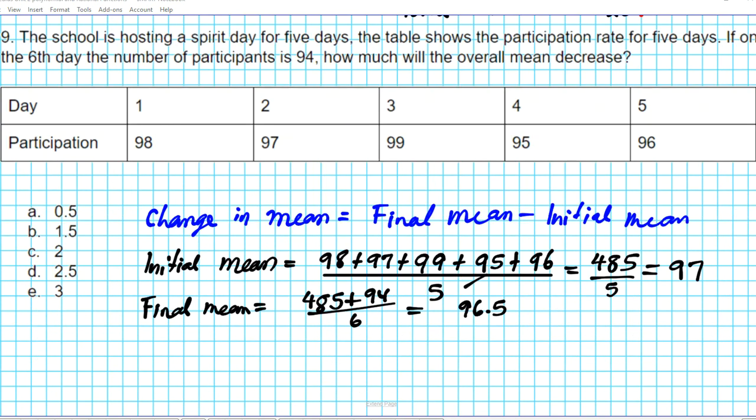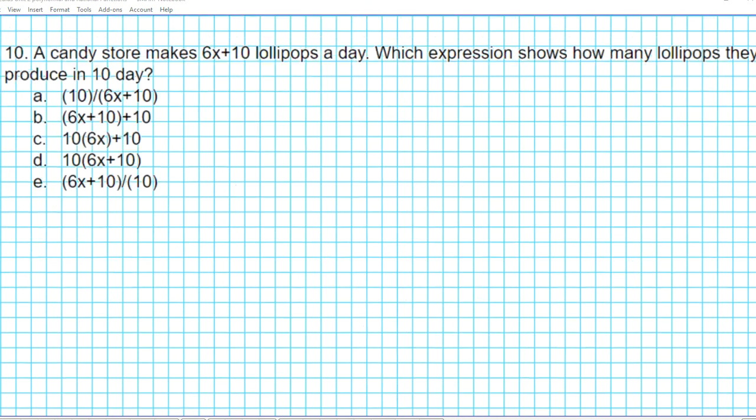So the change in mean is the final mean minus the initial mean. Just subtract and keep the sign of the bigger, and you end up with negative 0.5. So it's a decrease of 0.5. Option A is your answer to this problem.